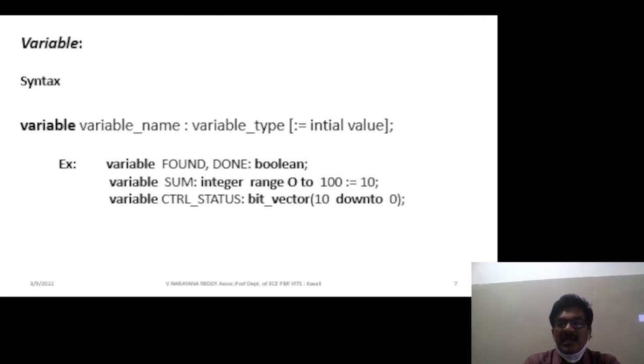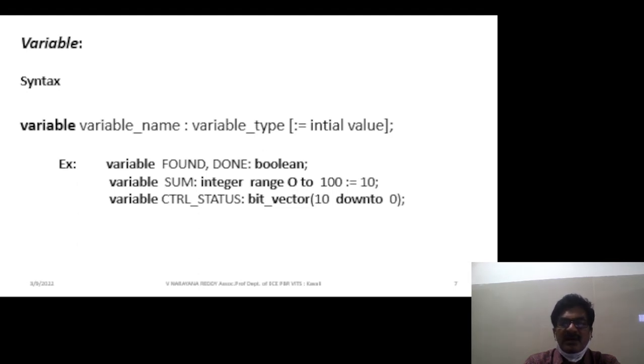Similarly, another example is variable control status colon bit vector of 10 down to 0. That means control status is also an object of type variable. Its data type is binary. Bit vector notation is used when you want to assign more than one bit.